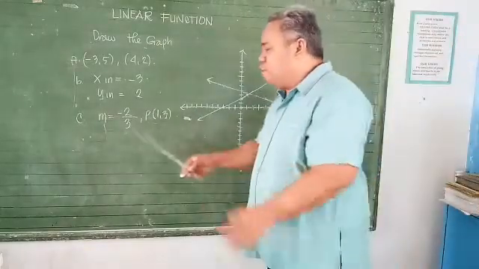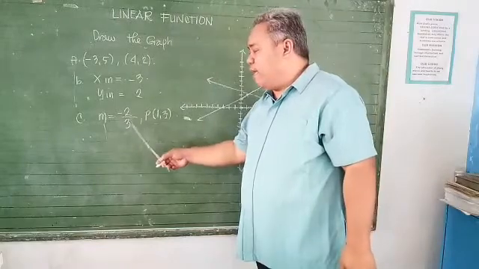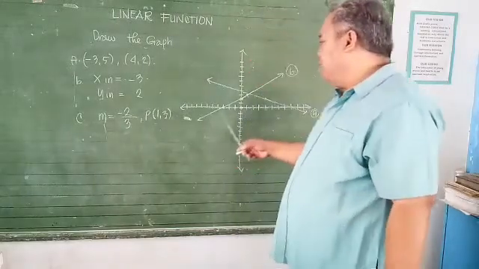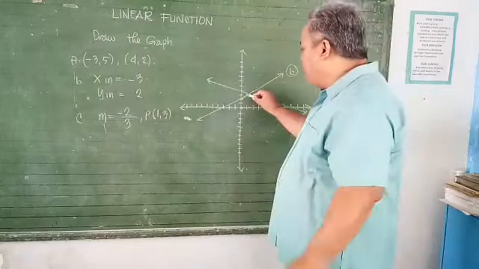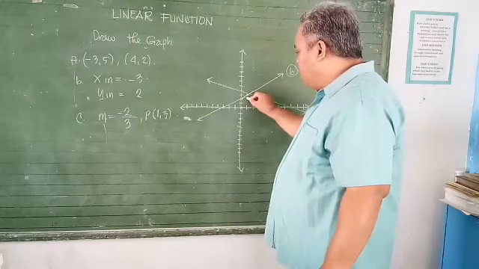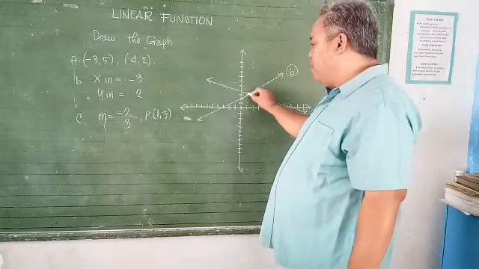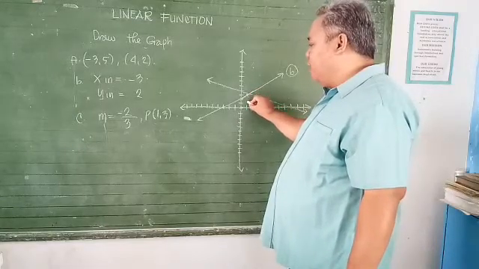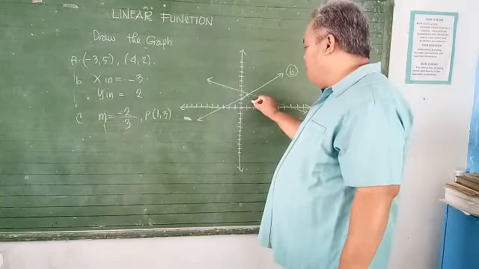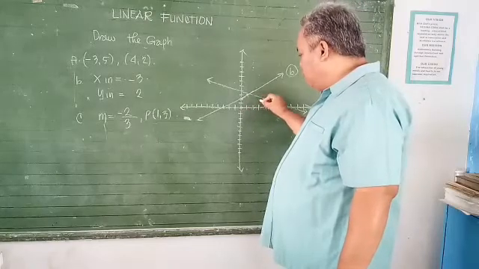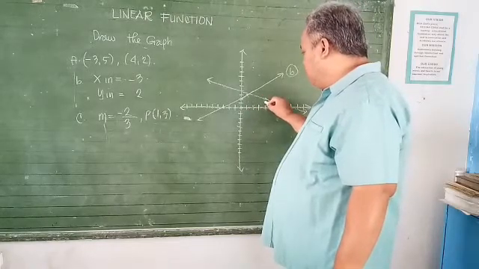You're going to use the slope. That's rise over run. The rise is -2, so you go down. 1, 2. Rise is -2, so you go down. And then run, 3. That's 1, 2, 3. So this is the second point.